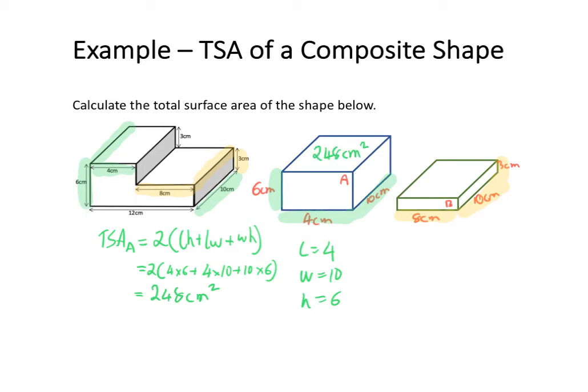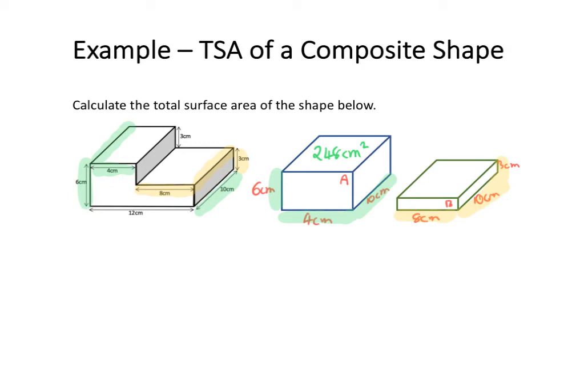So the next step is to calculate the total surface area of rectangular prism B. So to calculate the total surface area of rectangular prism B, start off by writing the formula. So 2 times length times height plus length times width plus width times height. And before we go ahead, we will define those terms. So length is going to be 8, width is going to be 10, and height is going to be 3.